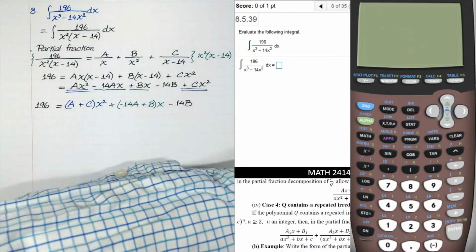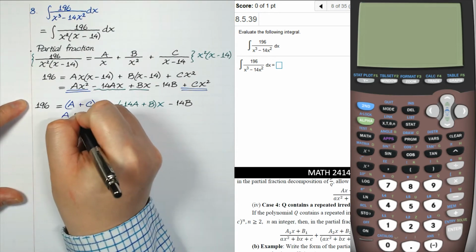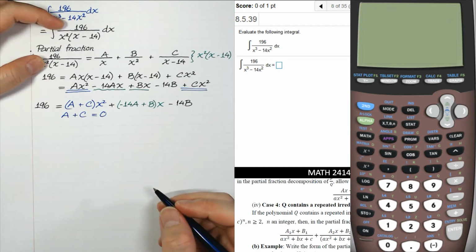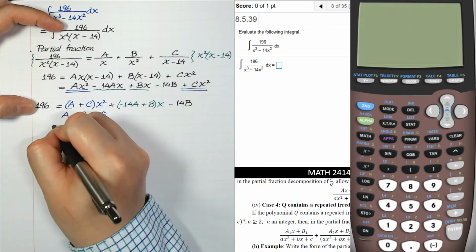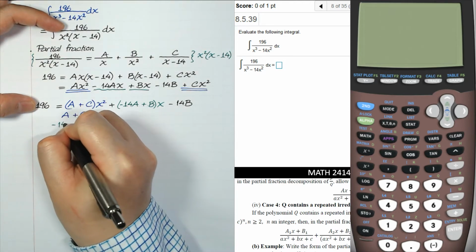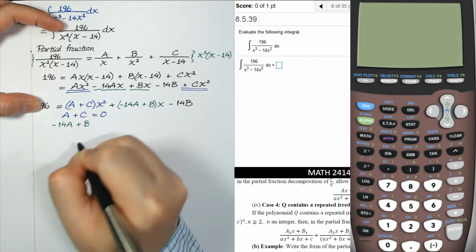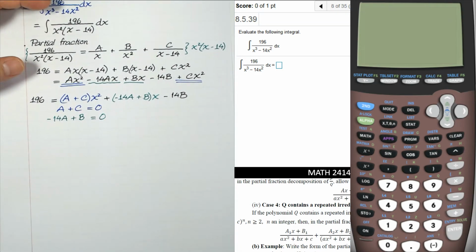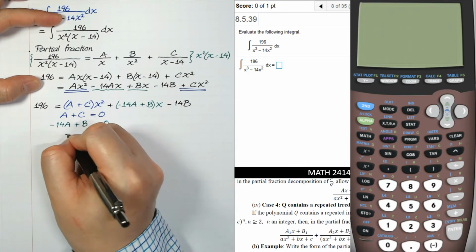They were just matching. We don't have any x squared on the left hand side, so a plus c is equal to 0. We do not have any x on the left hand side, so negative 14a plus b equals 0. At the bottom, negative 14b is 196.